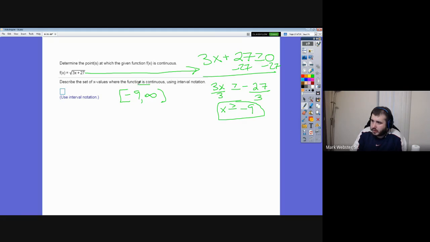So it's going to look like this. It says, describe the set of x values where the function is continuous: from negative 9 all the way up to infinity, which is what we found with this square root thing. Okay, let's keep on going.